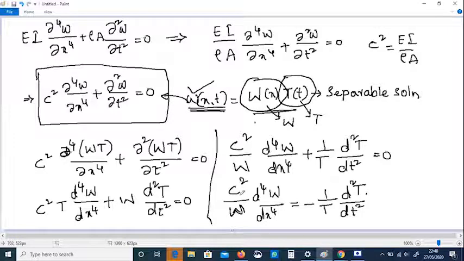Since c is a constant, it is independent of x. On right hand side it is purely a function of time. So these two terms in the differential form can only be equal unless both of them are equal to a constant. This is intuitively we can say.